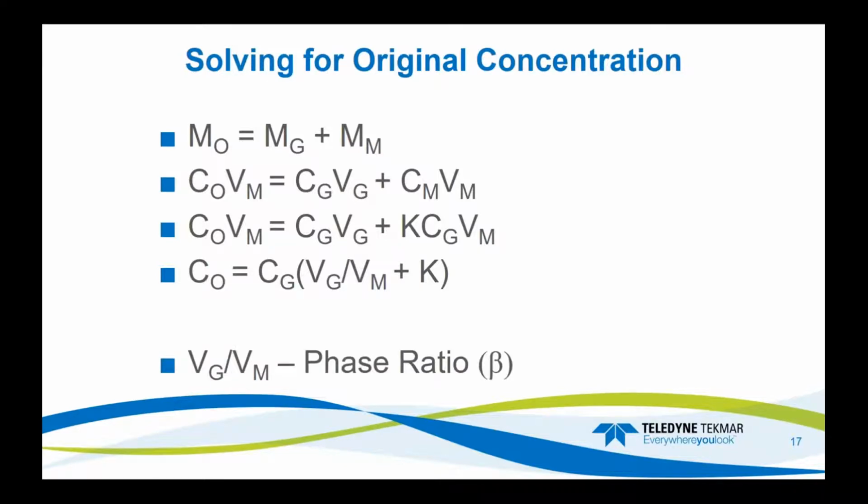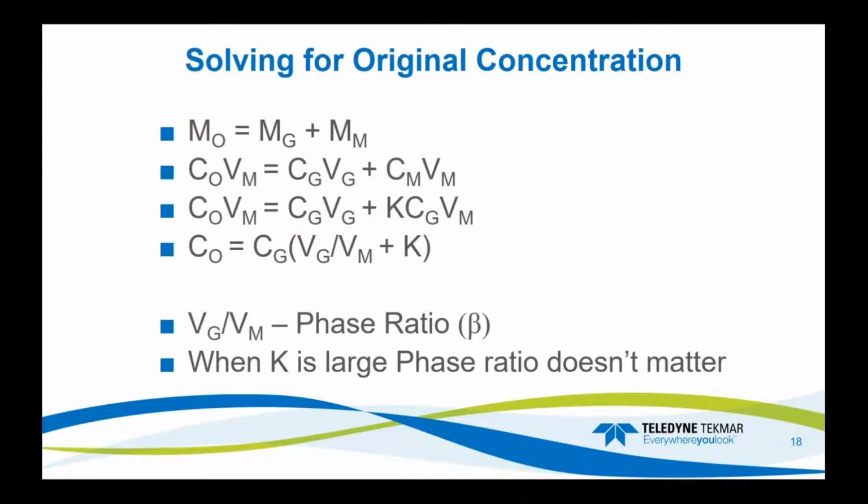The VG over VM is the phase ratio that we're talking about today. And looking at the equation, when K is very large, the phase ratio really won't matter. So for your polars, the phase ratio won't be that critical.